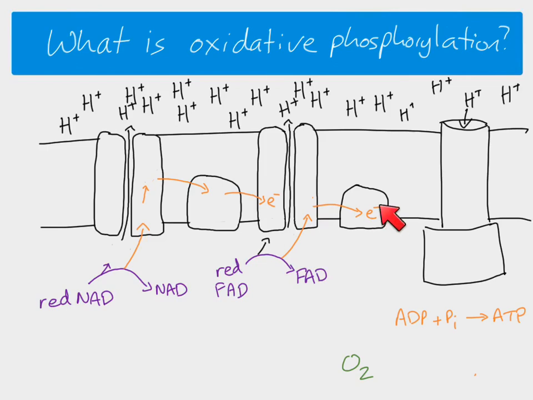So we have to remove this electron, which means it has to be accepted by something else. And the thing it's accepted by is oxygen. So we say that oxygen is the final electron acceptor.